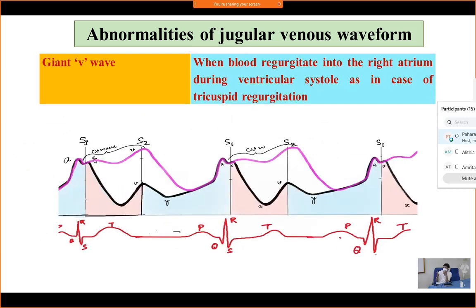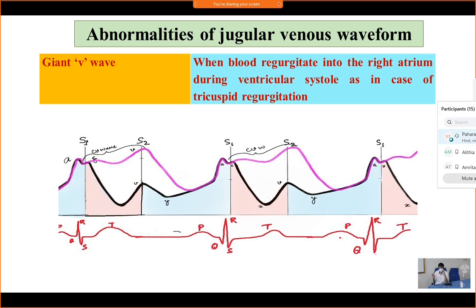Now the giant V wave, or sometimes it is also called the CV wave. After the A wave we get a small interruption, that is the C wave, then the X descent. For some reason, if there is no X descent and the A wave continues as a positive wave up to the V wave, then we call it the CV wave. We know that the X descent happens during the ventricular systole.